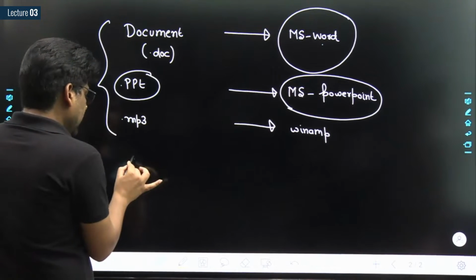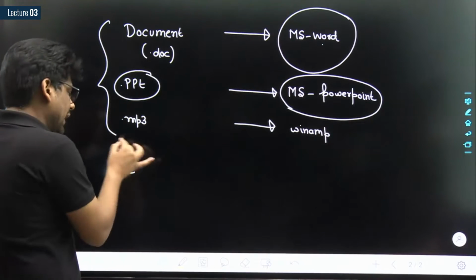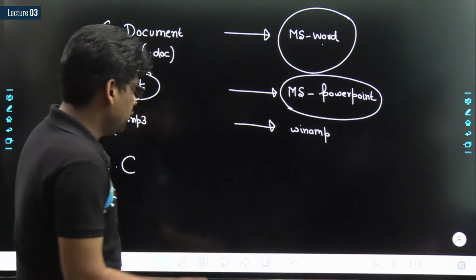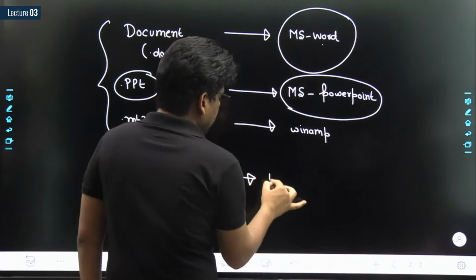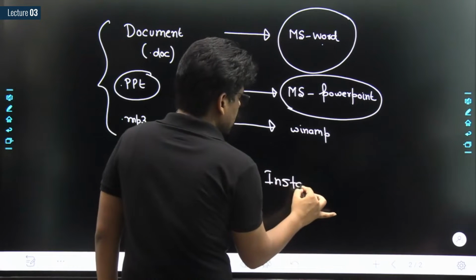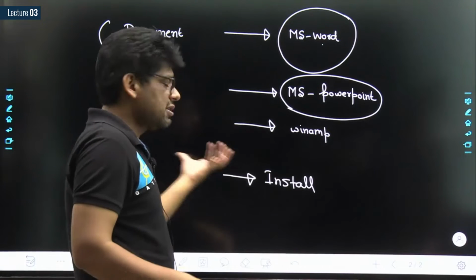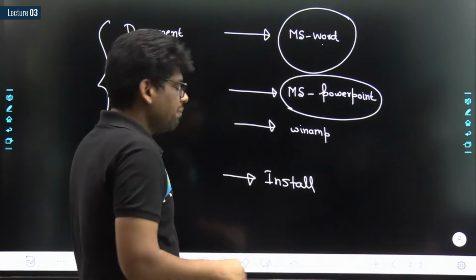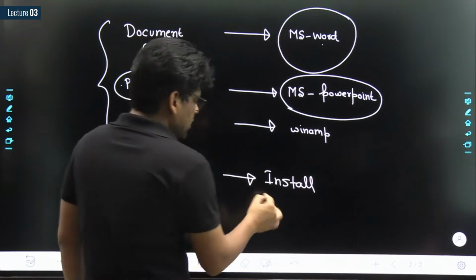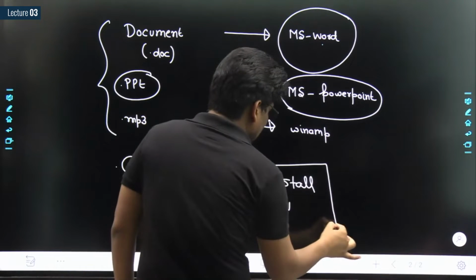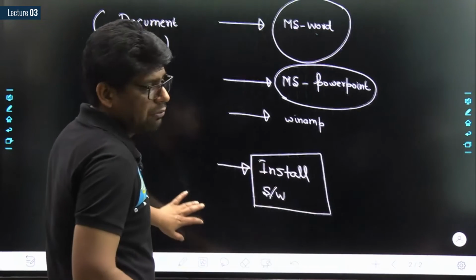Sir, in order to write C programs or .c files, what do we need? We need to install some software that supports C language. Okay, sir, what kind of software?